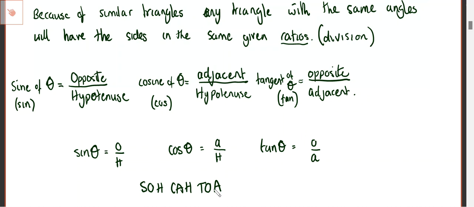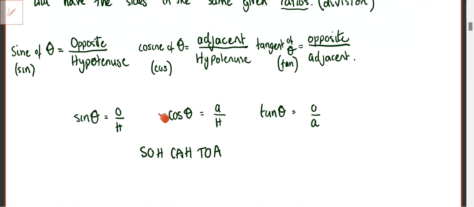Some people have rhymes like some old hags came and had tea one afternoon. Sailing, something to do with sailors and catching things off Afghanistan and all that kind of stuff. I don't know. I just remember SOHCAHTOA. Some people write SOHCAHTOA like that.